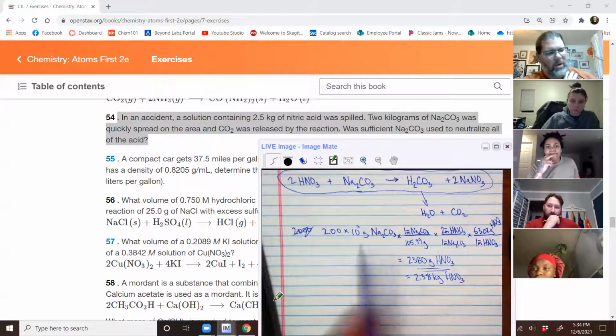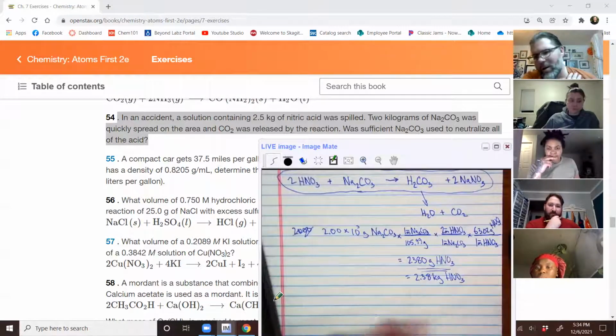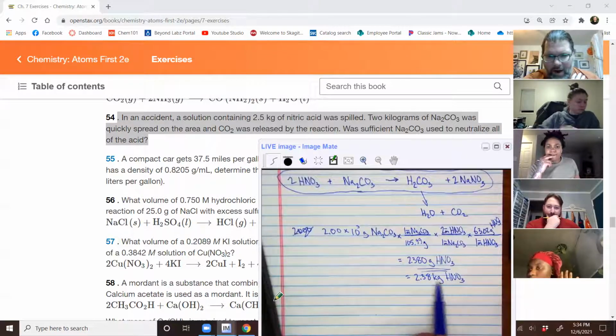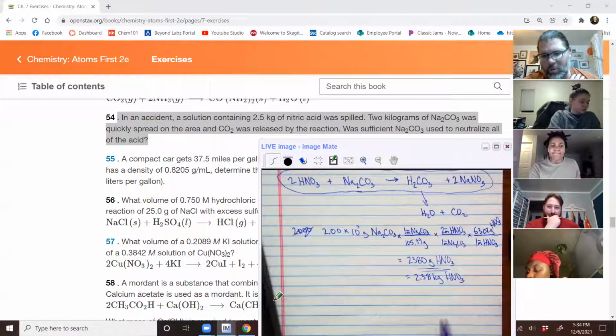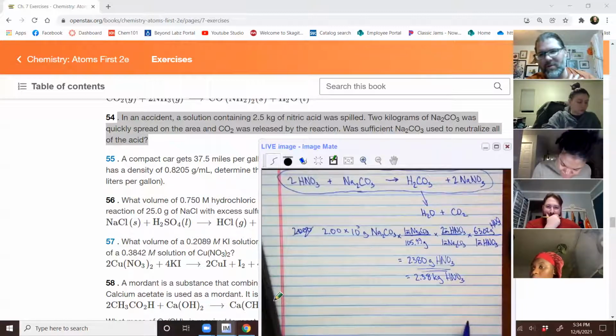So if we had calculated more than 2.50 kilograms here, that means that the math would have worked out that we had enough of our sodium carbonate to neutralize all the HNO3. So it looks like our math told us we could only neutralize 2.38 kilograms of nitric acid with our sodium carbonate. So not quite enough. Still, we neutralized most of it. All right, we're a lot better off than we were when we had 2.5 kilograms of nitric acid around.